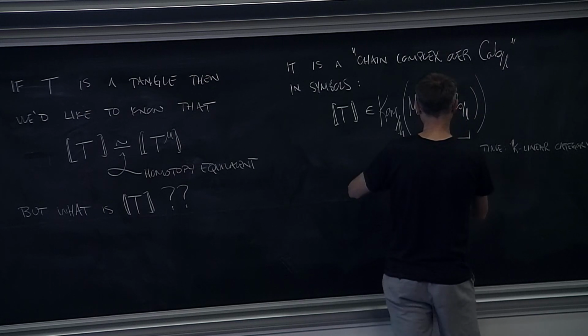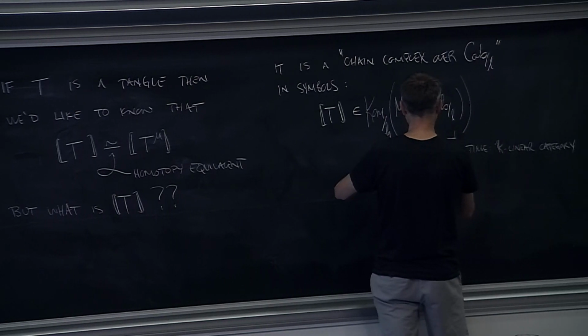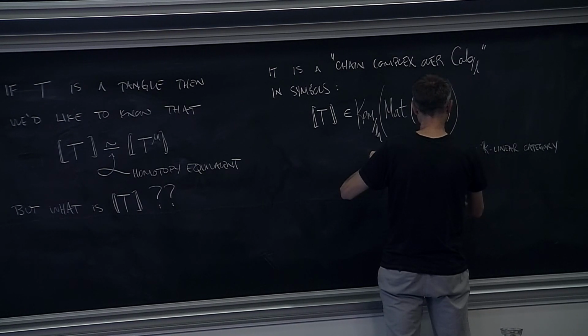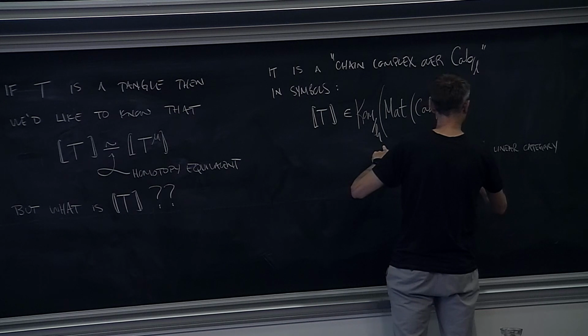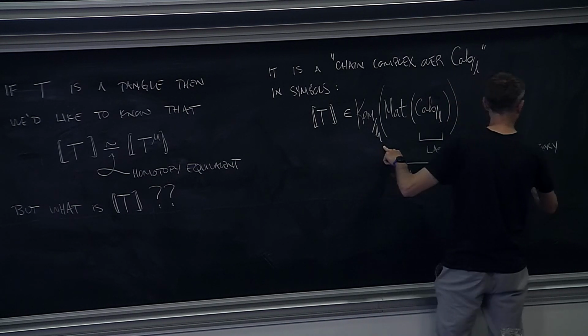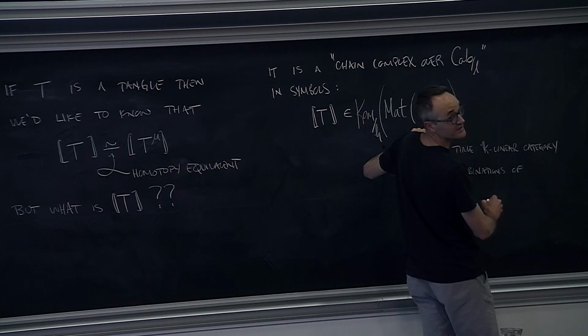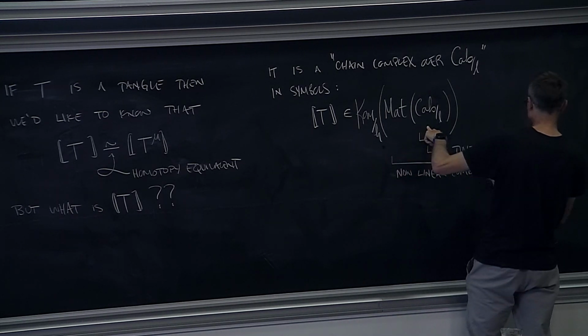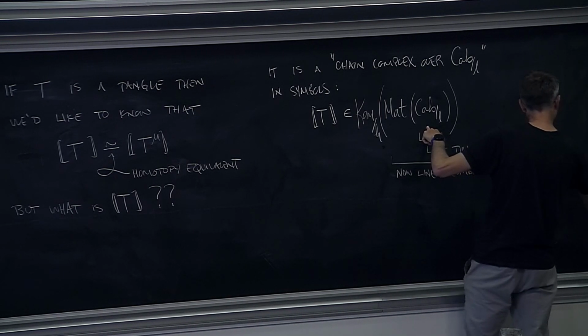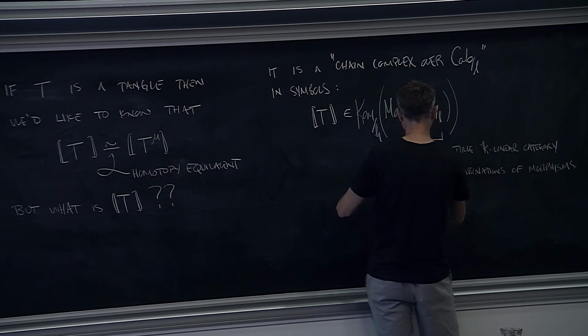So the matrix closure, so once you do this, now linear combinations of objects make sense. Here, linear combinations of morphisms made sense, right? So linear combinations of morphisms are allowed.